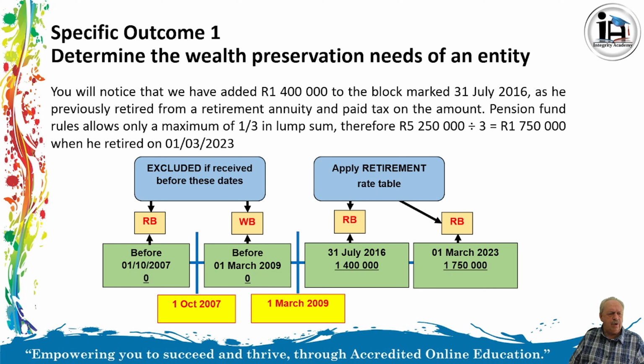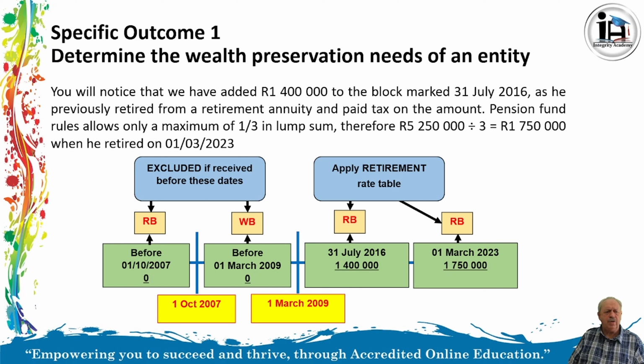And when you resign at your work and you make a withdrawal benefit before the 1st of March 2009, that amount would also not be taken into account for a tax calculation. Now, if we look at his last withdrawal was in July of 2016, that falls after both those dates in 2007 and 2009, which means that that will apply to the retirement rate table because he retired from both those funds.